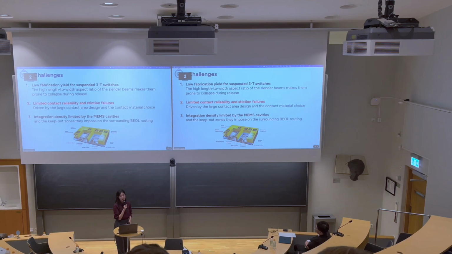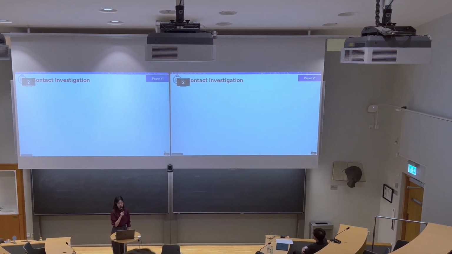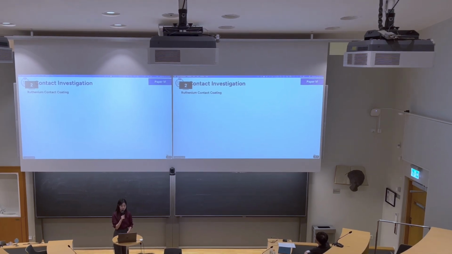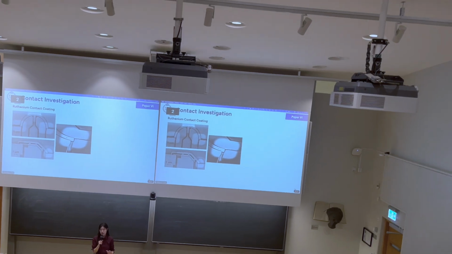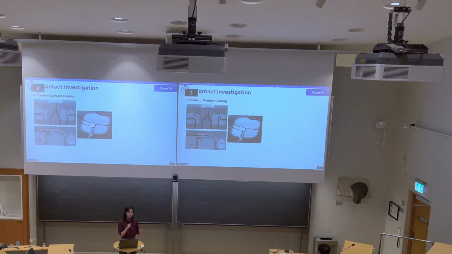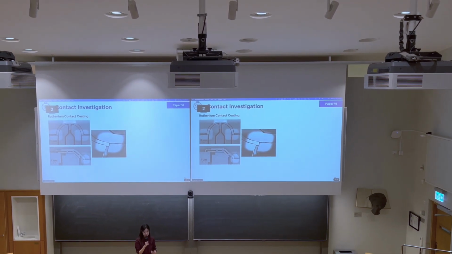We also did an extended investigation of the material that we use. We changed it from gold to ruthenium, because we know that ruthenium is hard and very resistant, and most of the commercial MEMS switches are using ruthenium combined with gold contact as the switch tip.